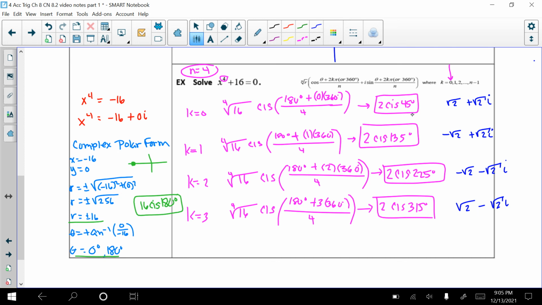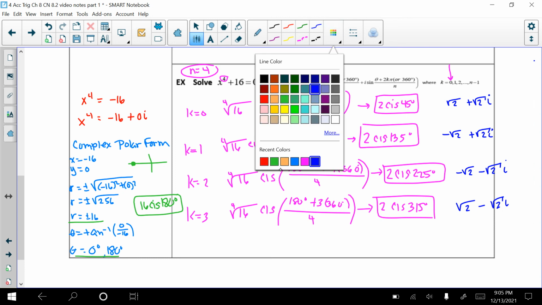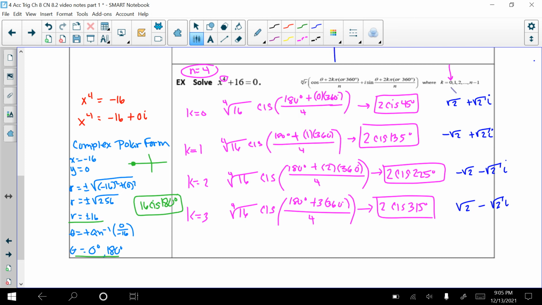The first one was 45 degrees. That's quadrant 1. The second one landed in quadrant 2, 135. And then we continued using the multiples of 45 degrees. Also take a look at the complex rectangular in the dark blue ink that I have written. Notice the x value. So remember what these are representing: x plus yi. The x value in quadrant 1 is positive. The y value in quadrant 1 is positive.